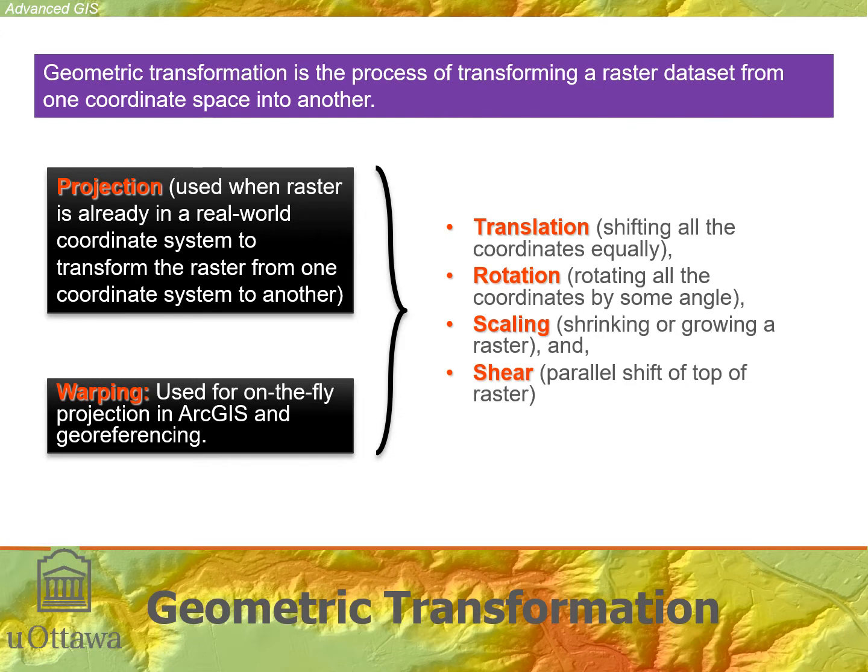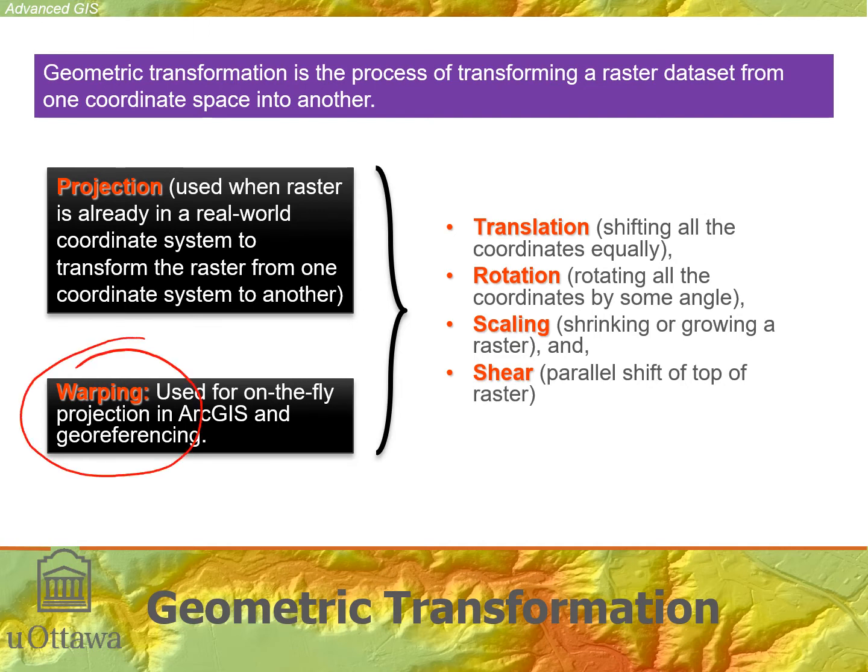Geometric transformation then is when we take a raster that has no coordinate system and we orient it with its cells into the real world using a reference map that has a real world coordinate system. And there are two ways that that is done. Well, there's one way that we undertake applying a real world coordinate system to a raster that doesn't have one, and that's called warping.